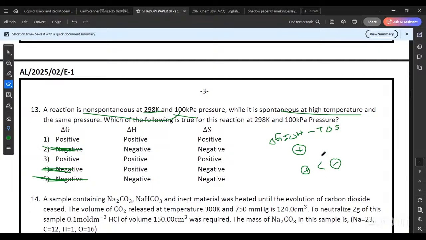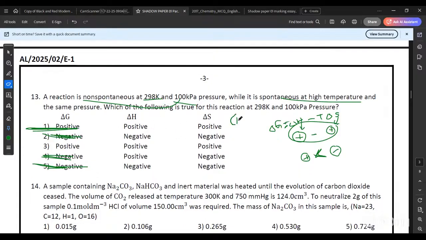So when you go backwards one step, it should be minus and plus. That means delta S should be positive, and delta H also should be positive. And this negative sign is coming here, so you multiply minus into plus, which becomes minus. When temperature increases, the magnitude of this term will dominate the right-hand side. I taught you this in energetics, the method of getting it. So it is positive, positive, and then delta G is also positive. So the answer is answer number 1.